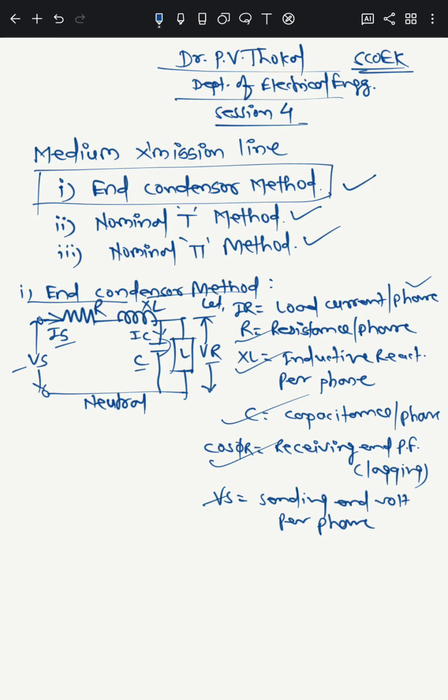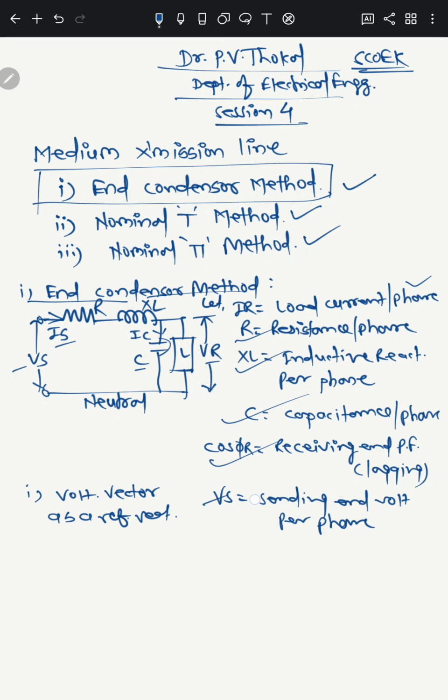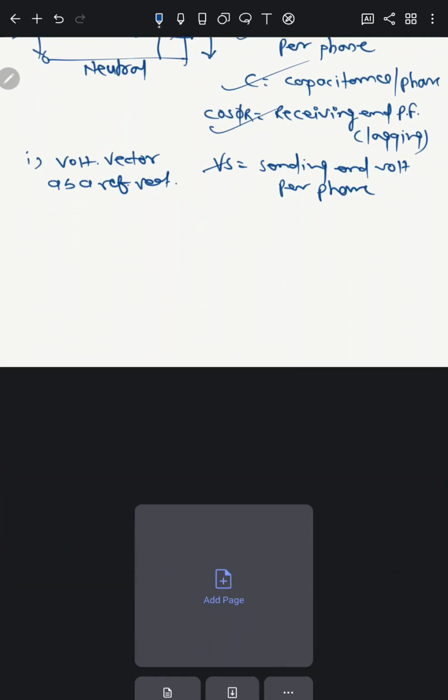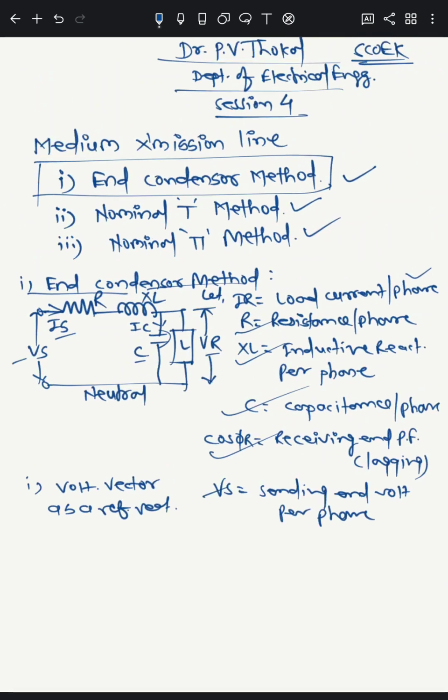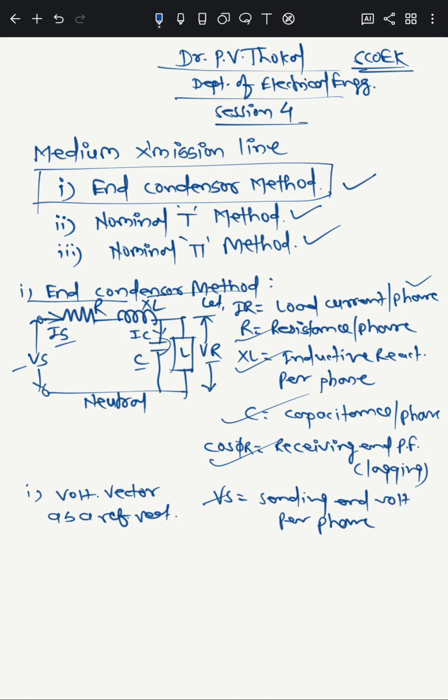Starting with point number one, we will take the voltage vector as a reference vector.